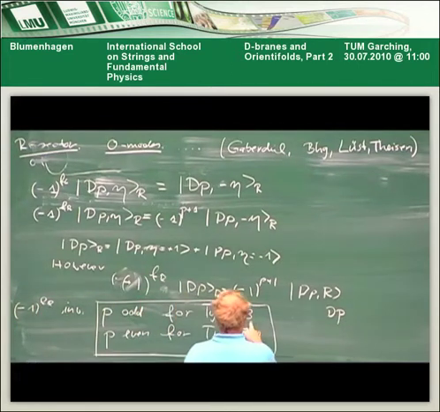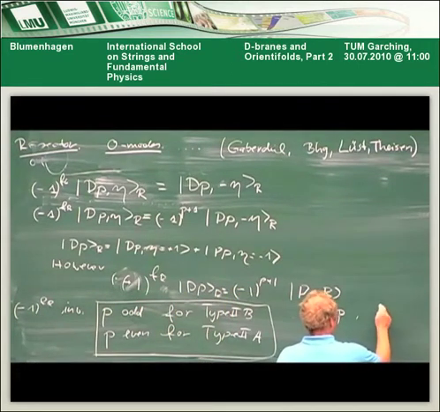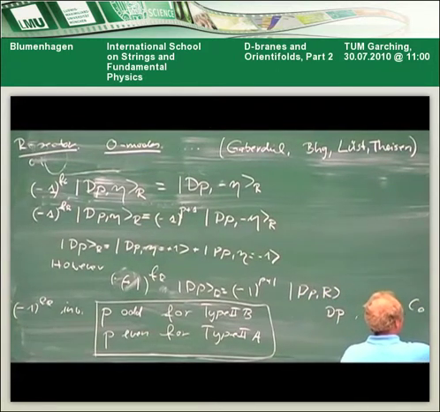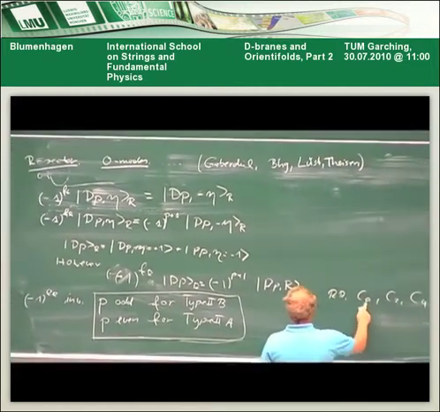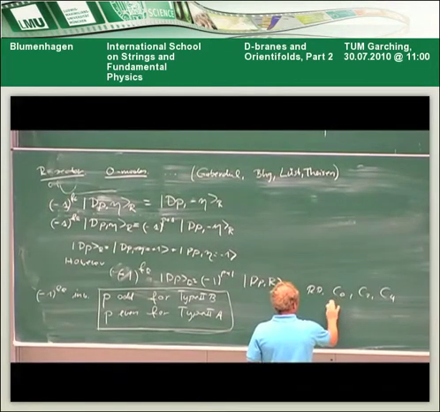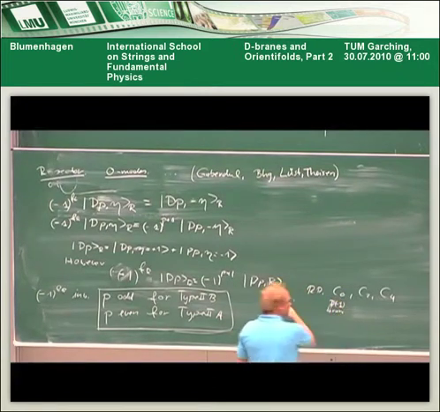Remember, in type 2B, in the Ramond sector, you have a C0 form, you have a C2 form, and you have a C4 form. And these couple to a one-brane. Sorry, nonsense. This couples to a D-1 brane. Remember, a p-brane is p plus 1 dimensional.